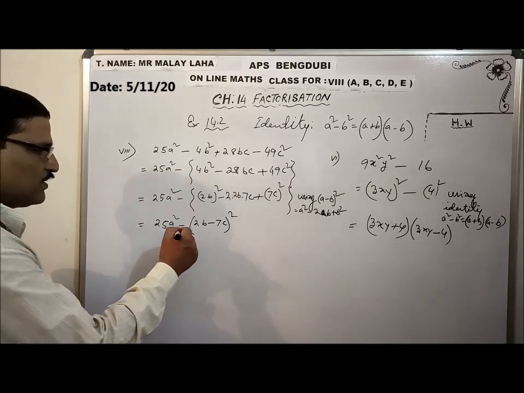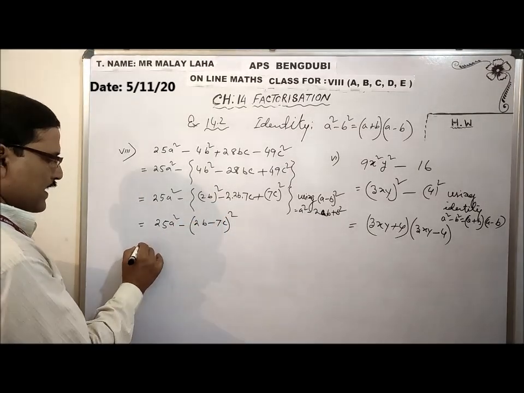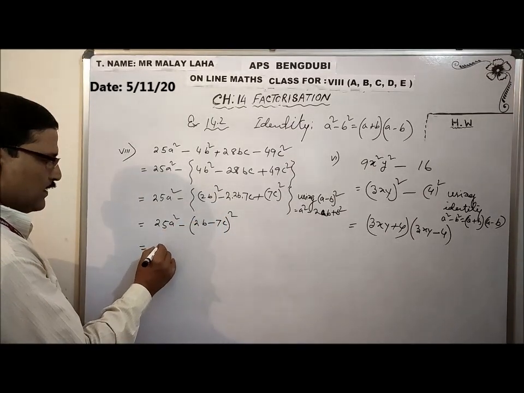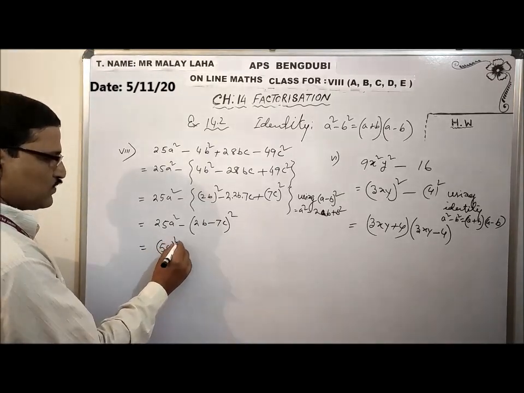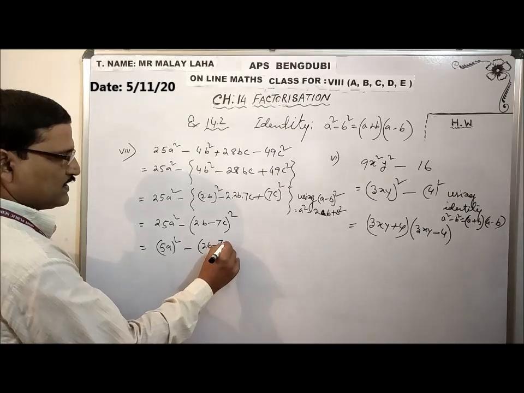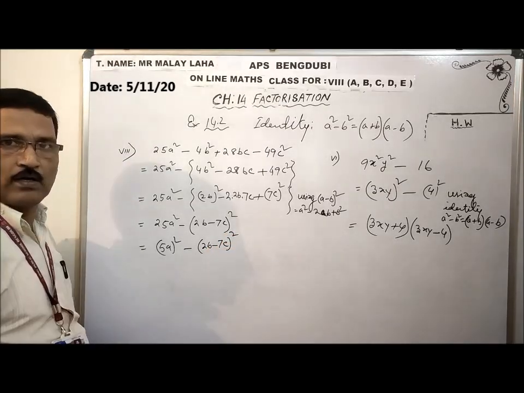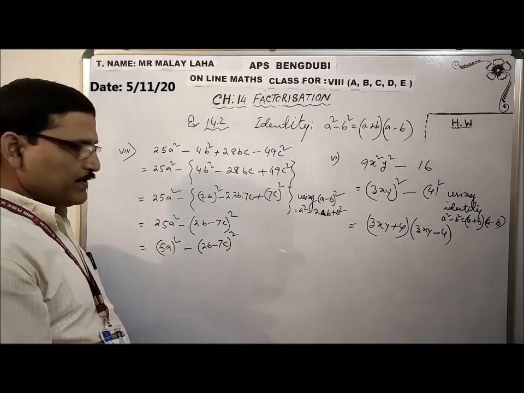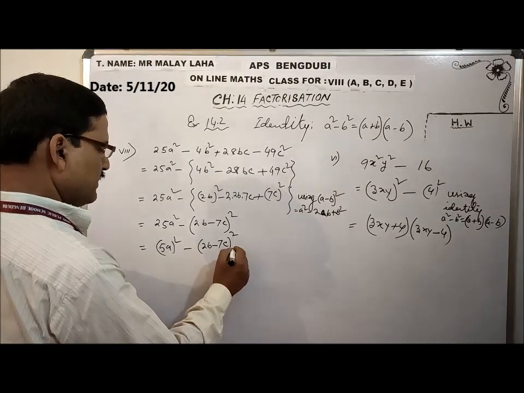Now you treat this whole part as b, and I can write this as 5a whole square minus 2b minus 7c whole square. Got it? Clear?